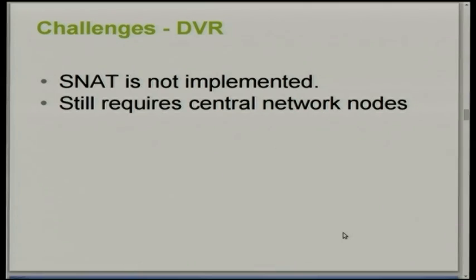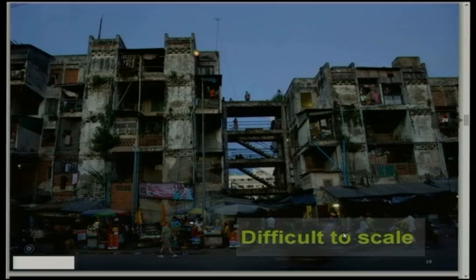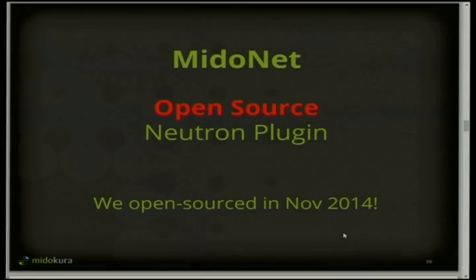Because of that, it still requires central network nodes. Overall, people at MidoCloud think that it's still a bit hacky and kind of hard to scale. Having said this, let's take a look at how MidoNet together with OpenStack approaches the problem.